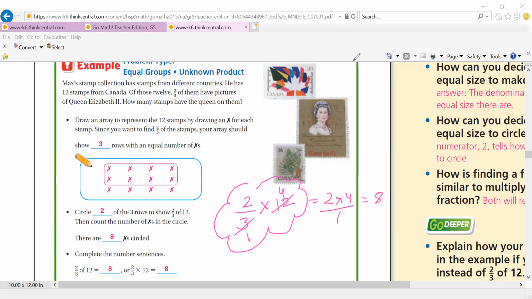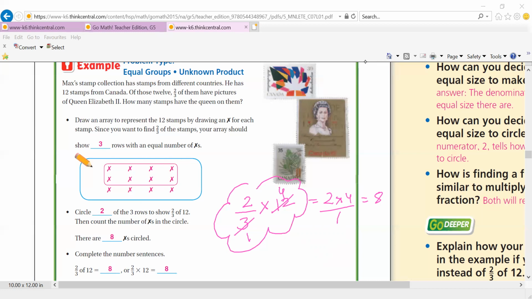Miss, do we write the X's? Your wish. This is important because you need to say that each row has 4 and there are 3 rows.